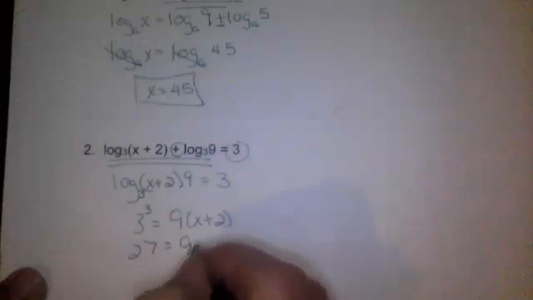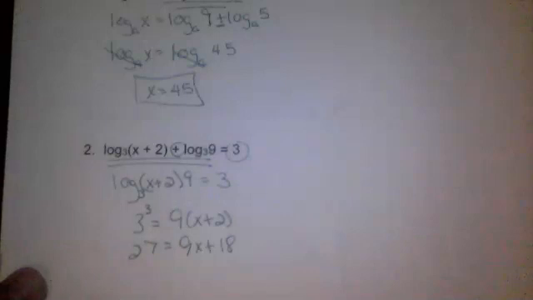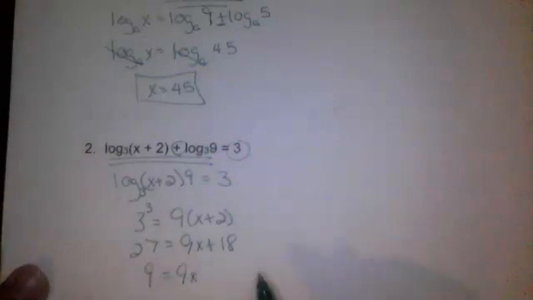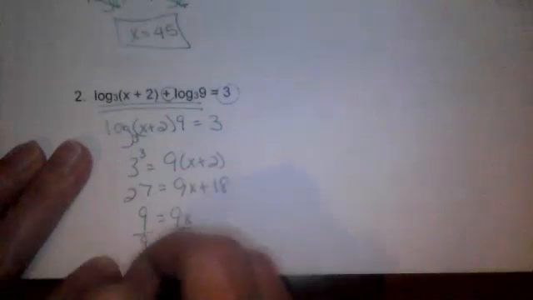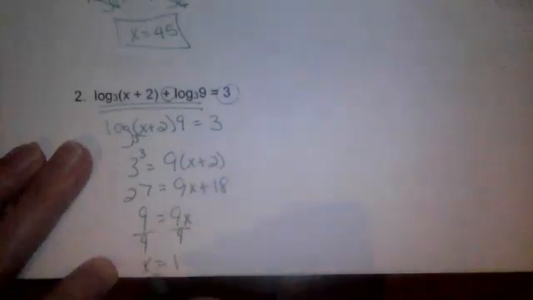Distribute and we get 9x plus 18. And then we're going to subtract. So 27 minus 18 would be 9. Equals 9x, then divide by 9, and x is 1. So rearrange and solve.